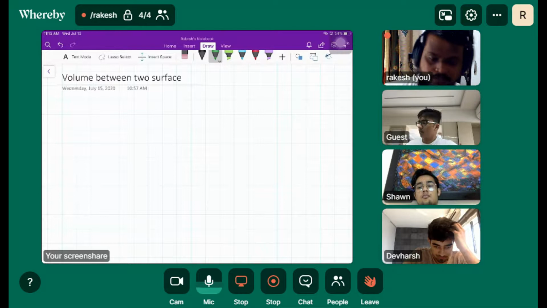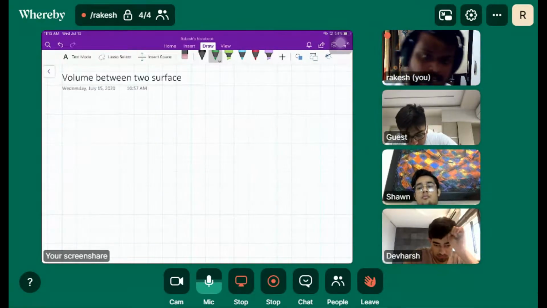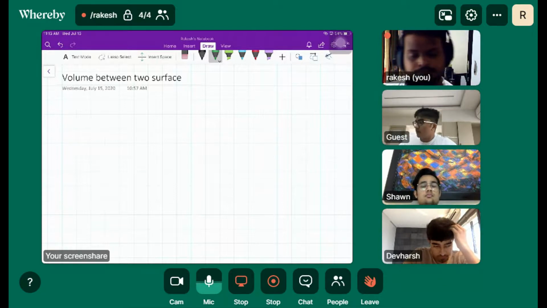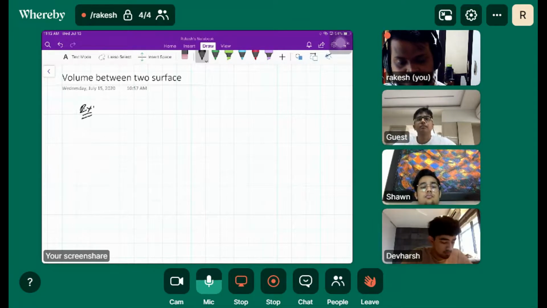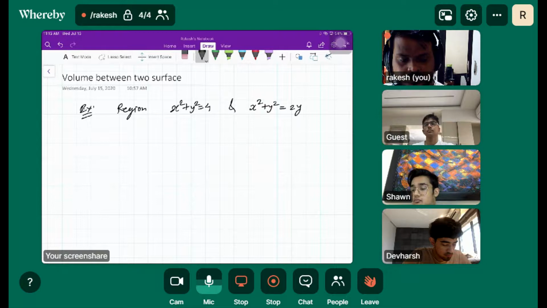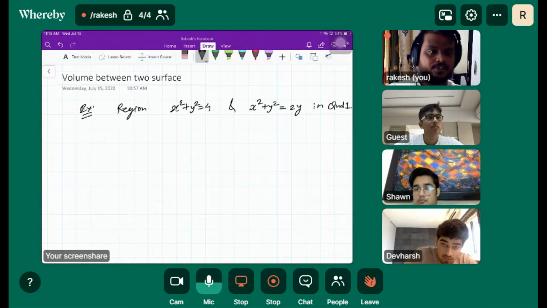Before that, I would like to put up one question on the polar coordinates that we practiced in the previous session. The region is defined as x square plus y square is equal to 4 and x square plus y square is equal to 2y in quadrant 1. So your region is bound by these two curves in quadrant 1.